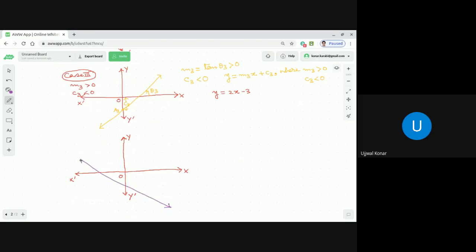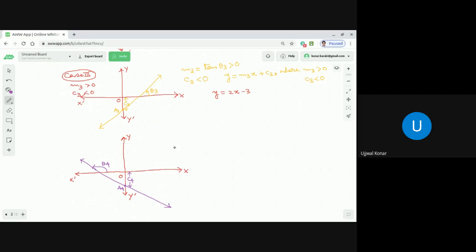If you see what I drew in the purple line, the angle made by the straight line with the positive direction of the x-axis, suppose theta 4, is obtuse. So obviously tan of theta 4 is less than 0. And the y-intercept, OA4, that is C4, is also negative because it is on the negative side of the y-axis, below the x-axis.